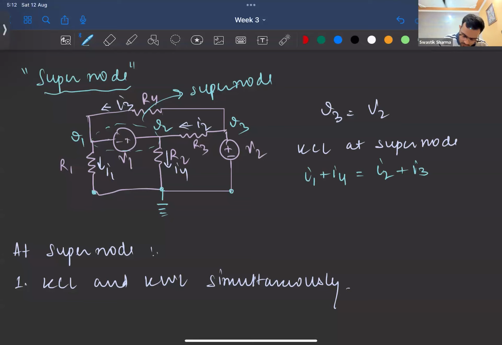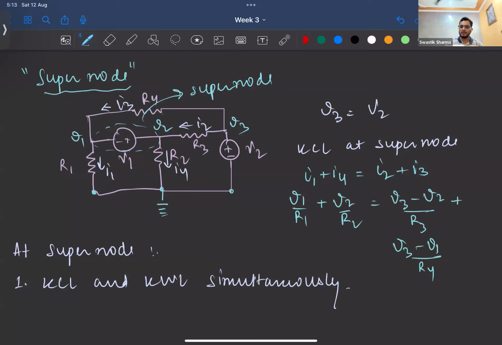So what exactly is I1? I1 is nothing but V1 upon R1, right? I4 is nothing but V2 upon R2. I2 is V3 minus V2 by R3, and I3 is V3 minus V1 by R4, right?